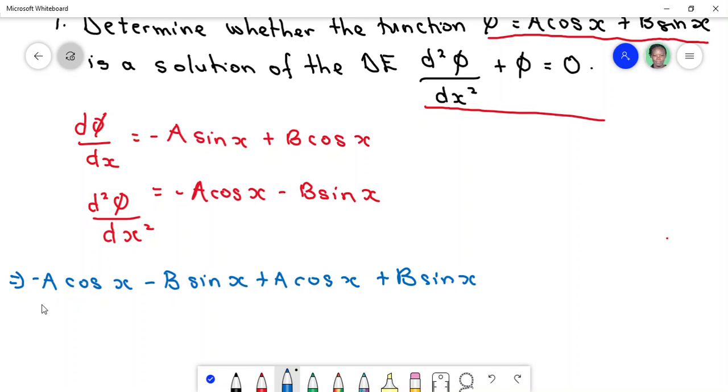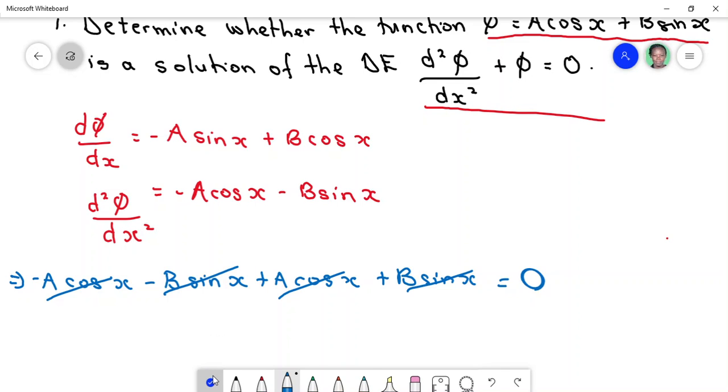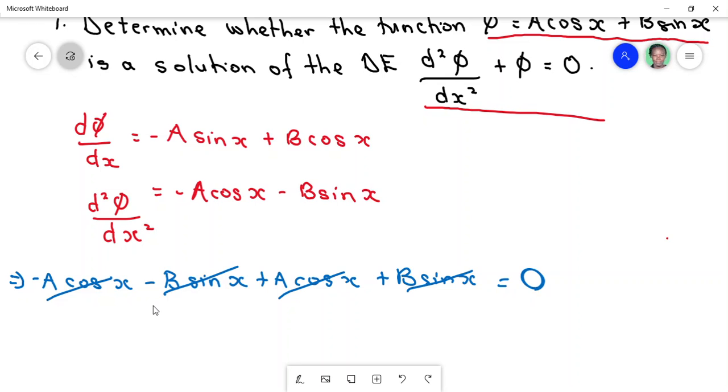So what do you see? You have a cos x, a cos x. Because this is negative and positive, this cancels out and this also cancels out as well. So this is equal to 0. With this, we have been able to show that yes, indeed, the function is a solution to the differential equation. So it becomes the general solution.